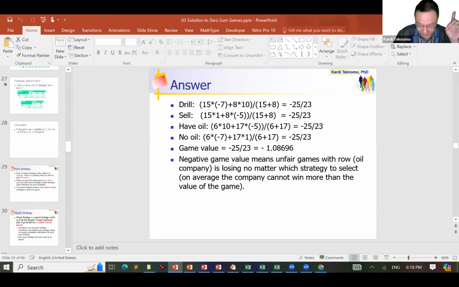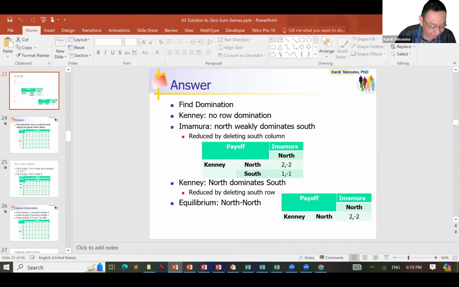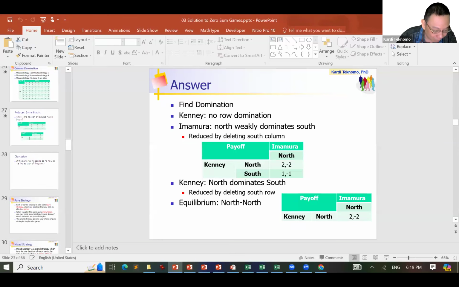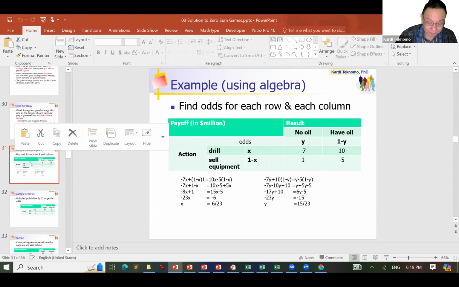But first, can you see how do you compute the probability using algebra or using R? And then how do you get the value of the game? Of course, you can use Solver also later, if your game is getting more complex.